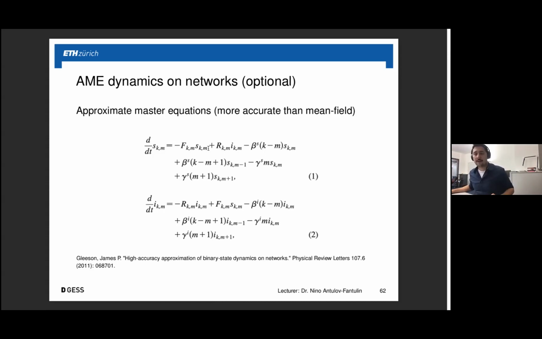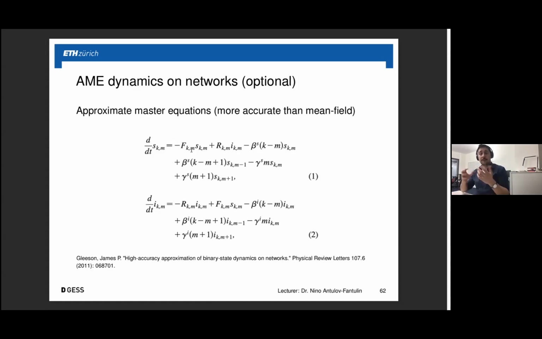Out of this K, he has M of them that are infected. Okay, and now this FKM would tell us the rate with which, for example, we would be recovering. Okay. So this is, for example, one explanation.